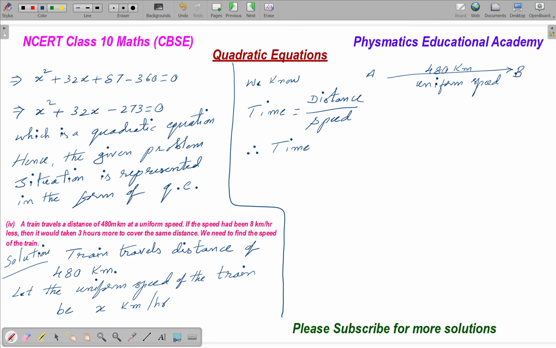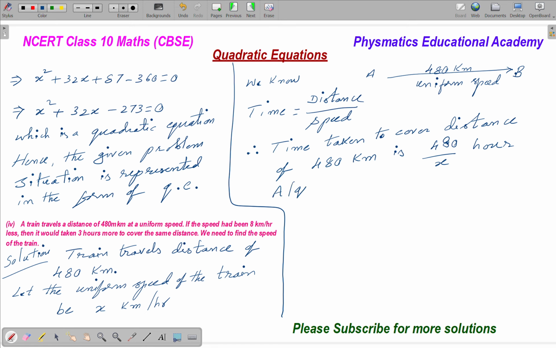Therefore, the time taken to cover a distance of 480 kilometers is 480 by x hours.